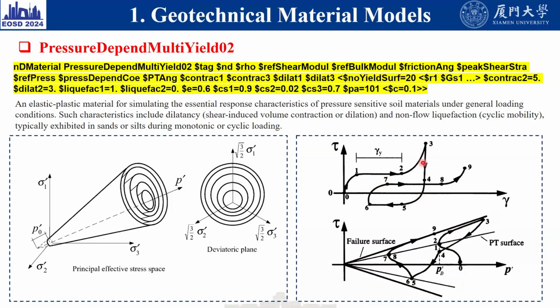This mechanism is defined in strain space. Why do we need to define this logic in strain space? Because you see from 7 to 8, the shear stress did not change, but the strain accumulated a lot. So it's impossible to define this logic in stress space. That's why we define this in strain space. I'm not showing it here.